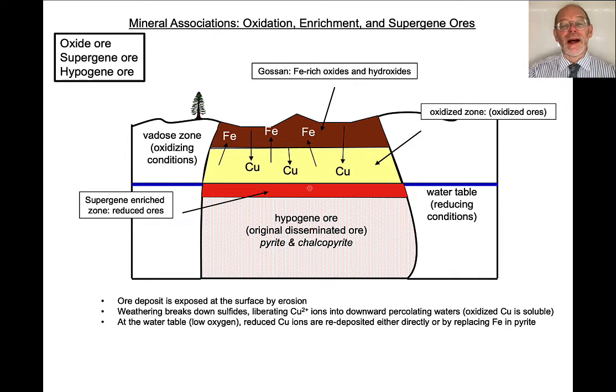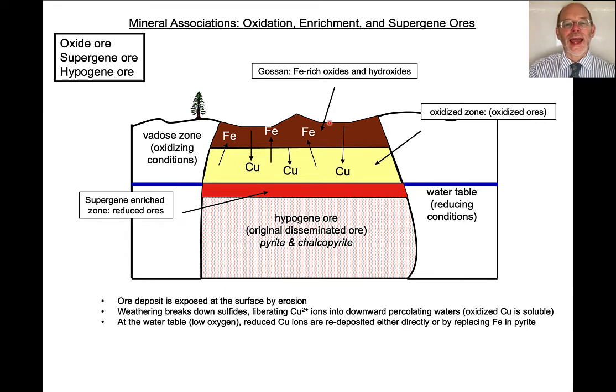That means that iron wants to go into solution in the subsurface, but as it's transported to the surface, it wants to precipitate out. And so it forms a set of iron-rich oxides and oxyhydroxides. These are typically red or red-orange or red-orange-brown and form a deposit that's called a gossan. The gossan is not economic itself, but it can indicate economic deposits at greater depth.